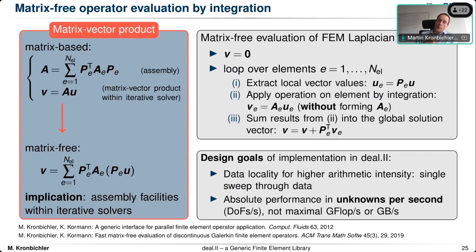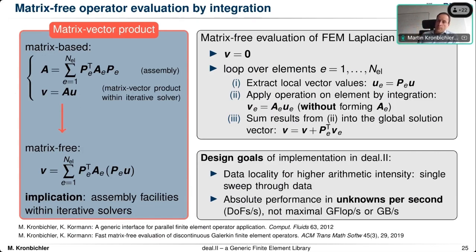We have done this in deal.II for maybe 15 years now. And we really have been focusing on hitting a sweet spot in terms of data locality and arithmetic intensity on the one hand, but of course you don't want to have a high arithmetic intensity as an absolute guideline. We don't want gigaflops or teraflops or petaflops or exaflops on our machines. We want to have a fast solver, which leads us to the metric that we're optimizing for, the unknowns processed per second.